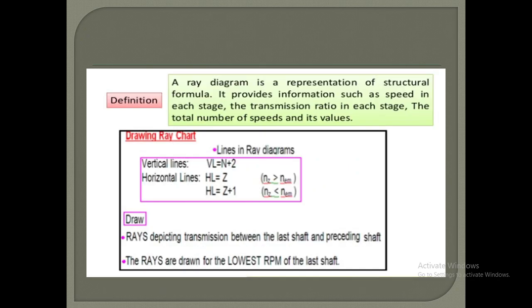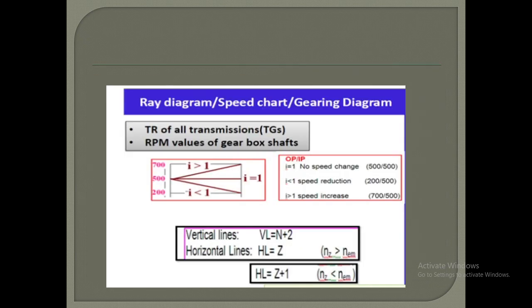Then next one, see, again I will explain. If the line is horizontal in this stage, then there is no speed change. This stage you will get equal to 1.